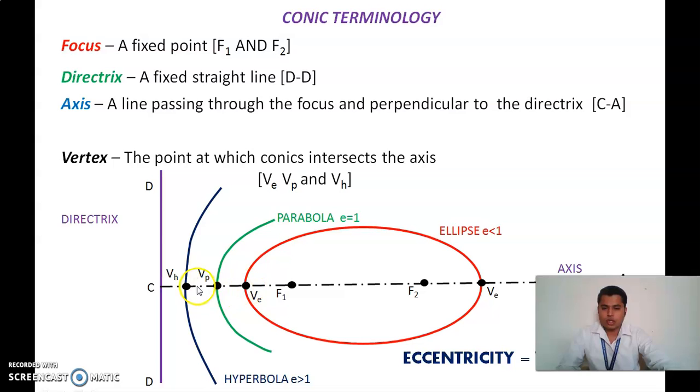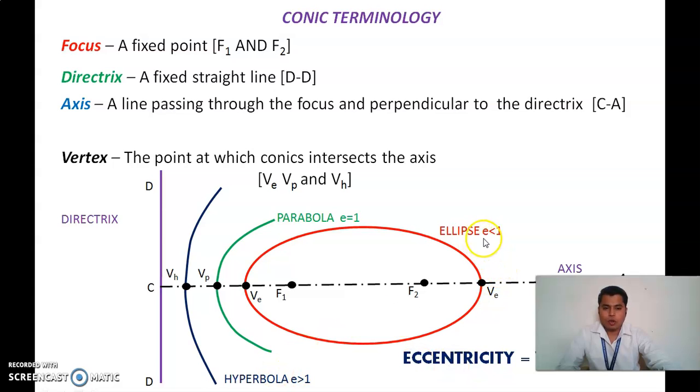VC is the distance of the vertex from the directrix. Similarly, we can say VP F1 divided by VPC, or VH F1 divided by VHC. This is the eccentricity for a particular curve.